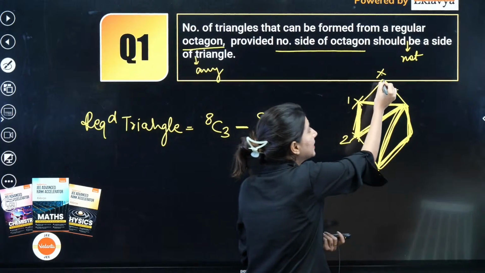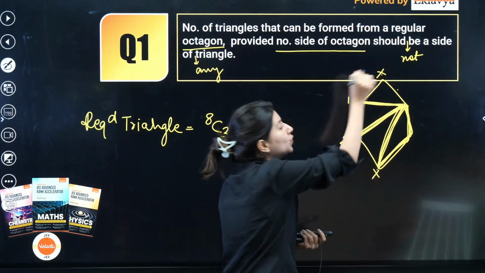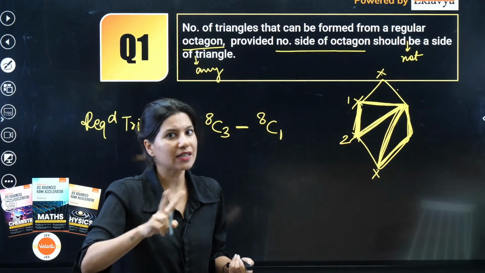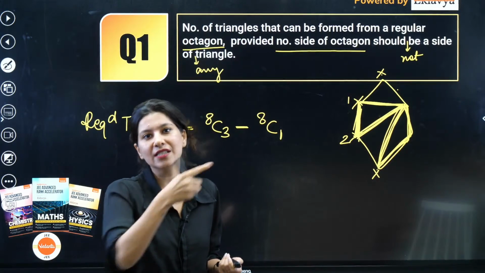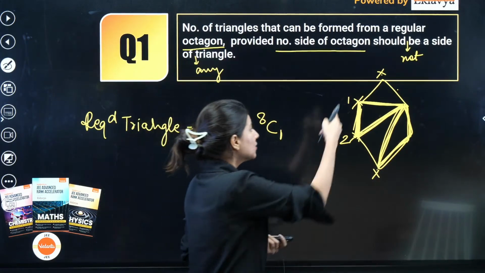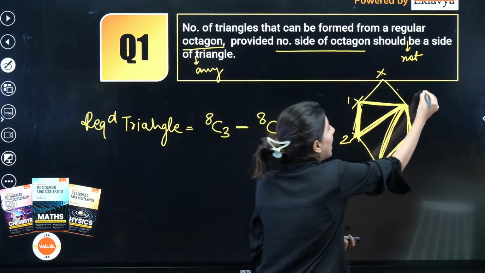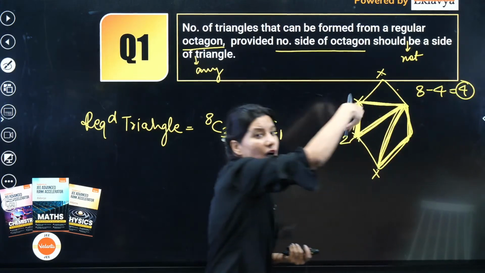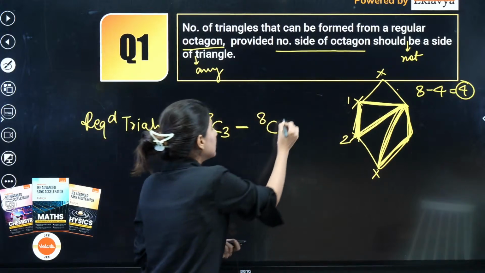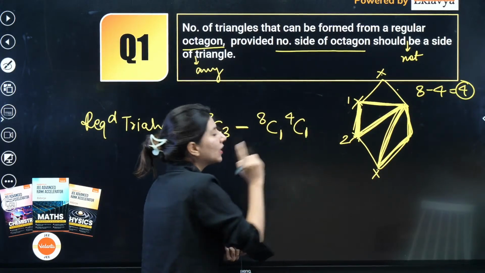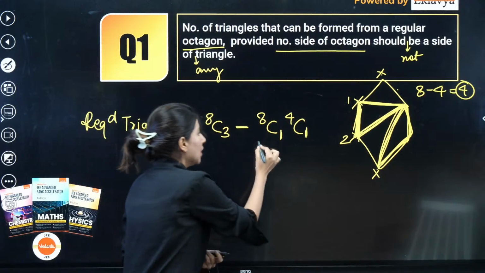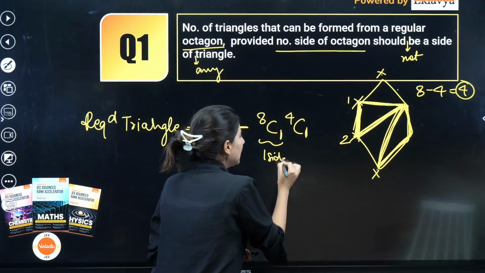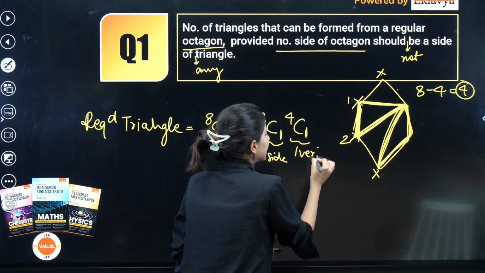Because if I select these, then two sides will coincide with my octagon. I don't want that. I want exactly one side to coincide. So that's why out of 8, I can't select 4. Out of the remaining 4 vertices, I will select one vertex, so that now I am having one side and one vertex. I hope that this is clear.